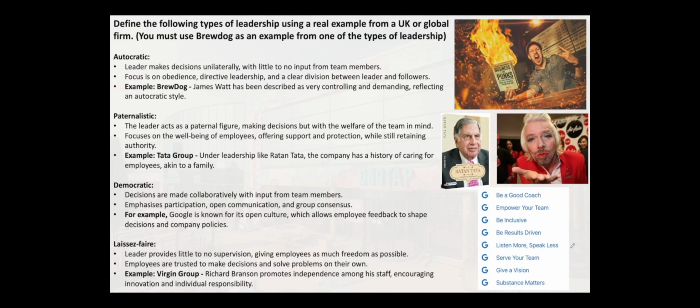Well, if things need to happen quickly, you change your leadership style, don't you? But that laissez-faire style promotes independence, is encouraging innovation and individual responsibility. And we could link that easily into Herzberg, couldn't we?